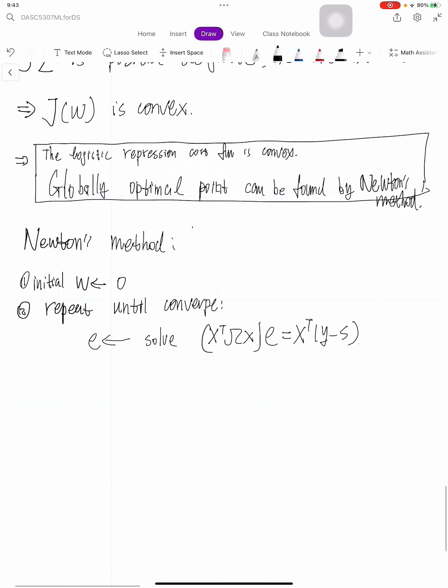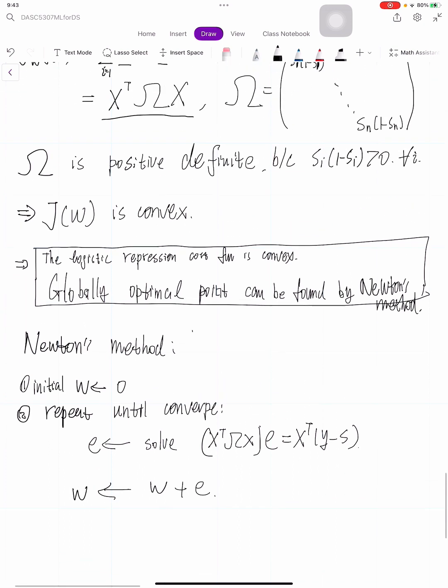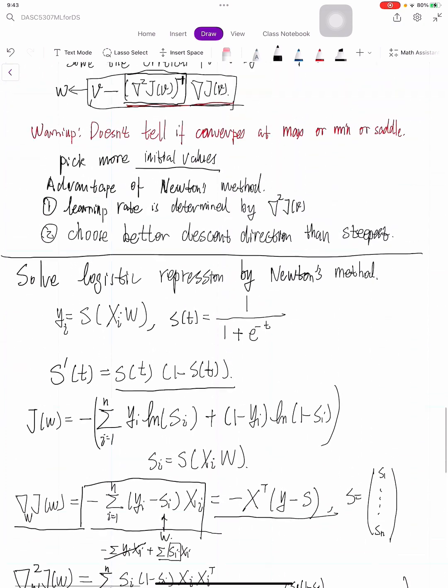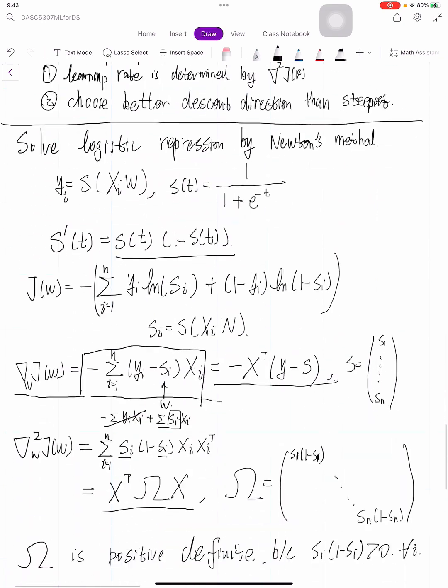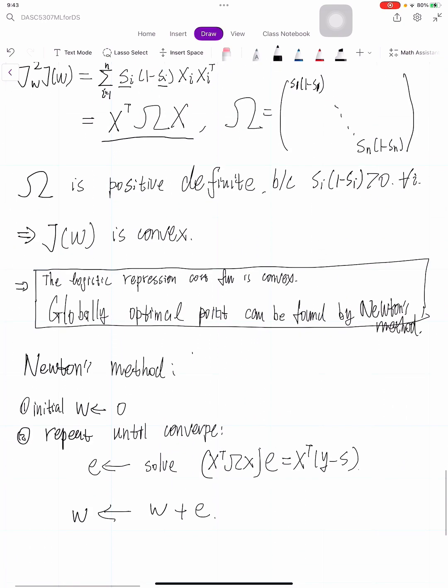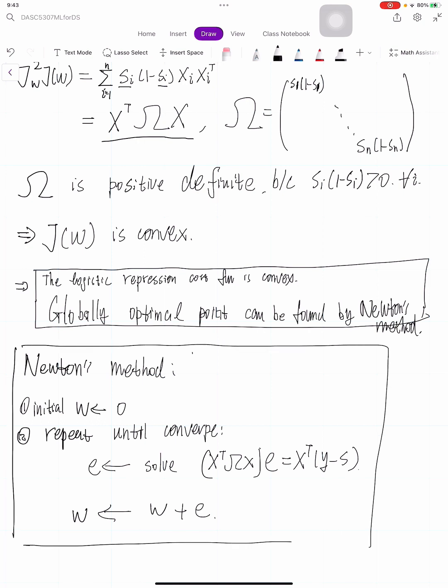And then you update w by w plus this e, which means you solve with the second derivative, and then you update. So this is Newton's algorithm for solving logistic regression.